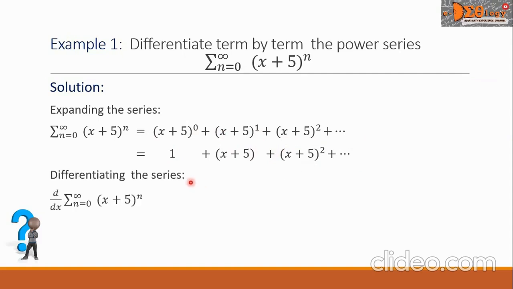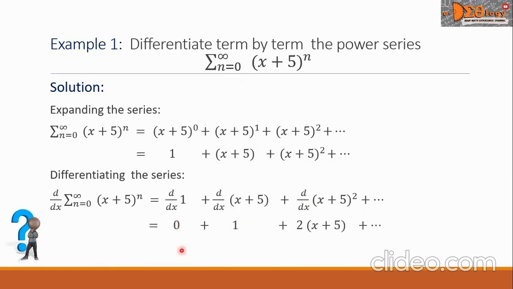Now differentiating the series, we can show that the d over dx of this sigma notation, and we will show that this is derivative of this term 1 plus derivative of the x plus 5 plus derivative of the square of x plus 5 plus and so on.